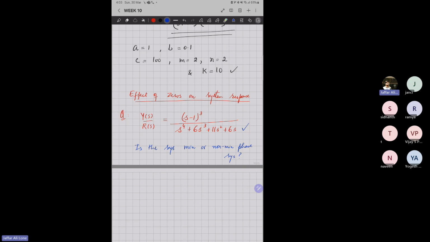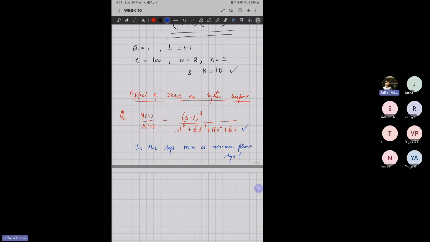There are 4 poles at minus 1, minus 2, minus 3, and 0. So the poles are lying in the left half plane, which means my system is stable. For such systems, what is the effect of a right half zero?